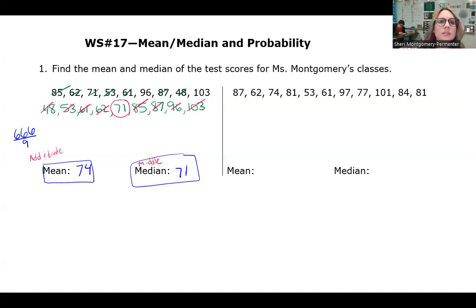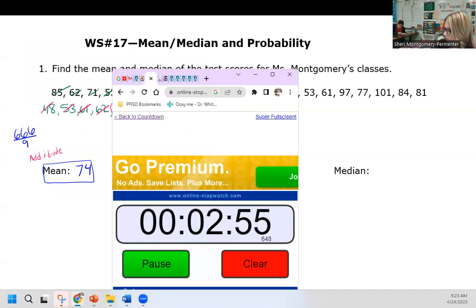Okay, I'm going to give you a couple of minutes to see if you can get the next two in your homework set or in your worksheet.